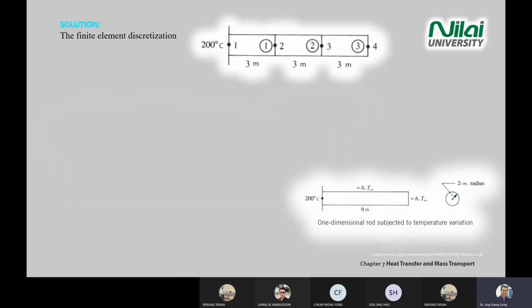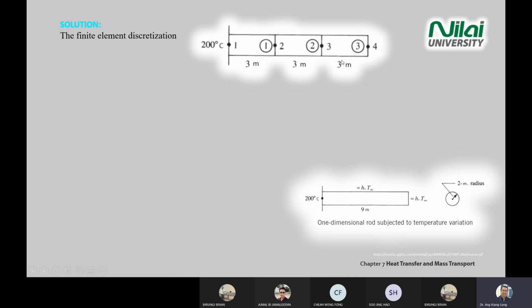It's quite direct. The first step for a chapter 7 question is to break into elements and then label the points. In this case, because we need to find the temperature at 3 meter, we just break into 3 sections.